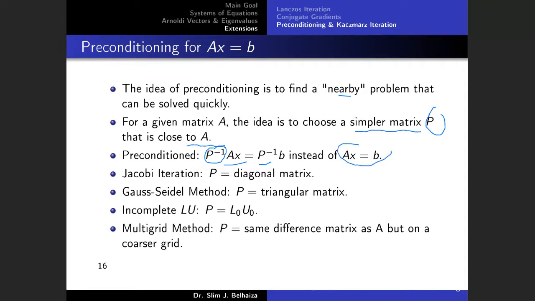So there are several flavors here on the menu. You have the Jacobi iteration, in the case the P you chose is a diagonal matrix. You have what you call the Gauss-Seidel method, if you've chosen a triangular matrix.